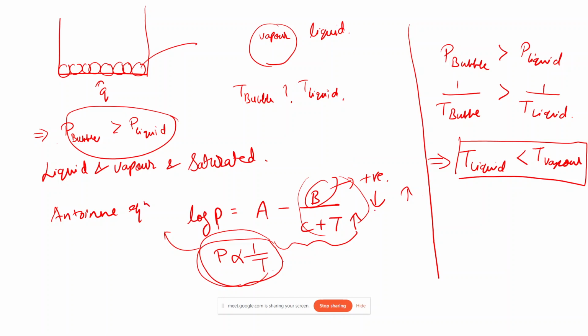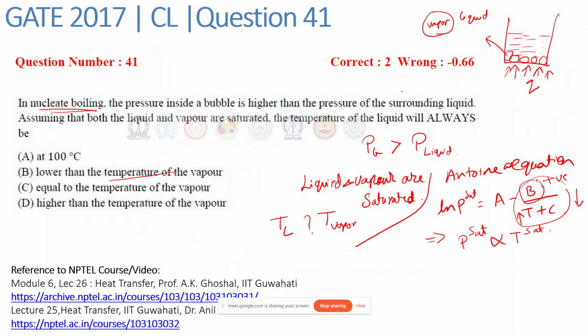Wait a minute. From this equation I have written that P is inversely proportional to temperature. So from the Antoine equation we can use this, that the pressure is inversely proportional to temperature, and in the question we were given that the pressure inside the bubble is greater than the pressure inside the liquid.